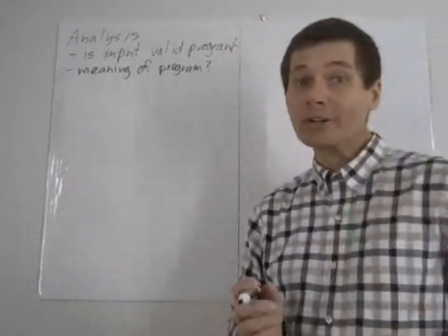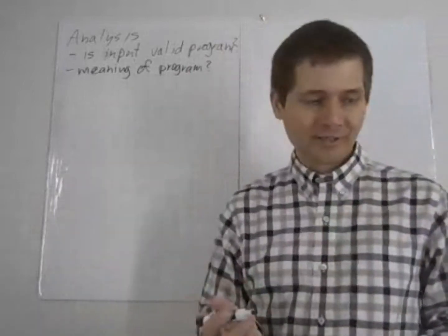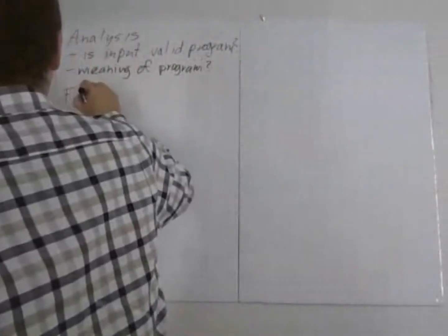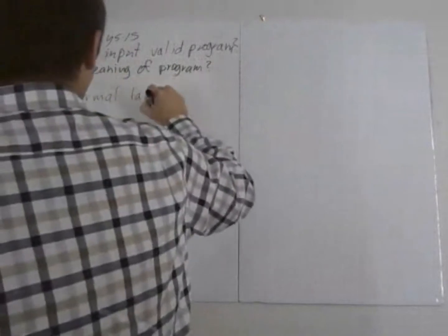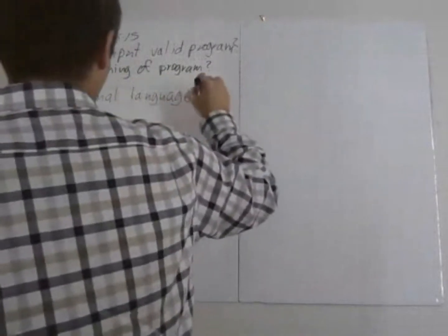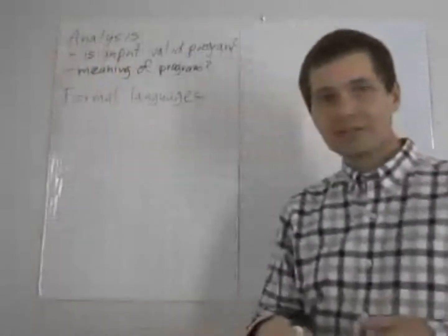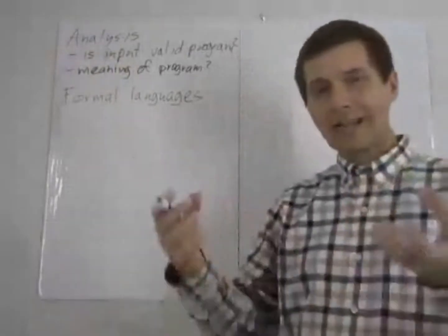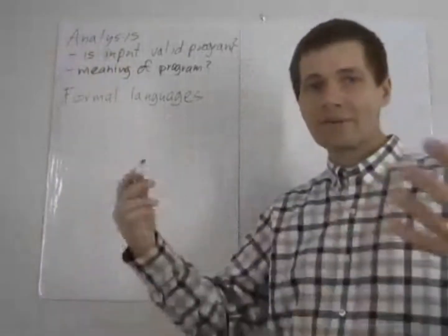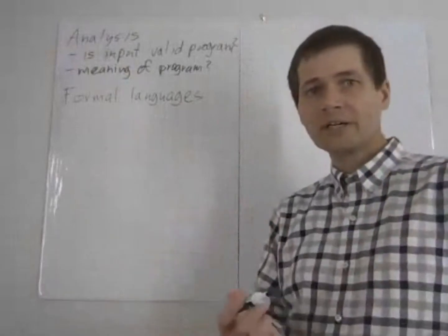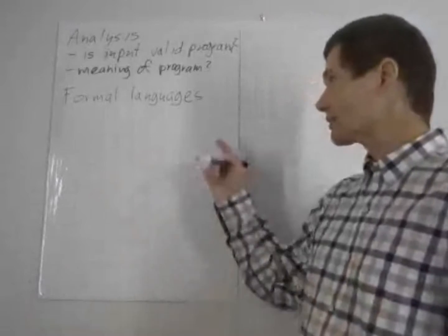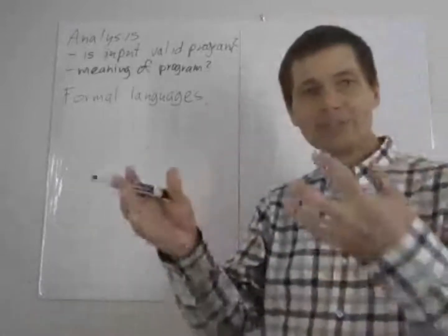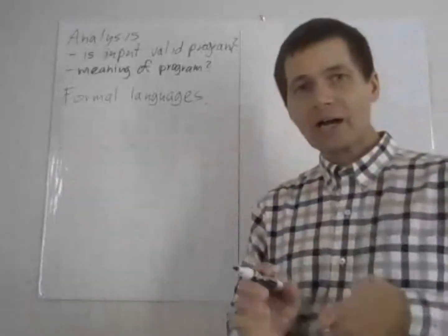For the early parts of the analysis phase, we're going to use topics from formal languages: regular languages and DFAs, deterministic finite automata, and context-free languages and context-free grammars. Those are all topics from the theory of formal languages.